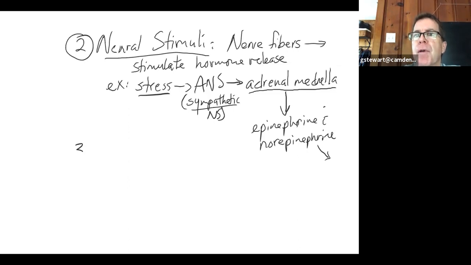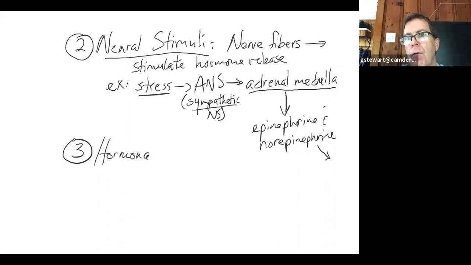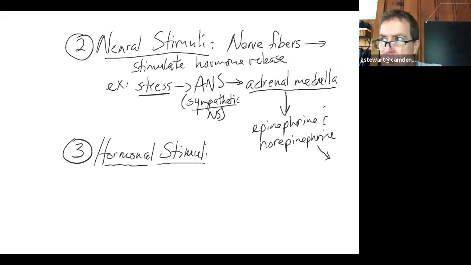So the third type of stimuli on an endocrine gland, causing it or signaling it to synthesize and release hormones, is hormonal stimuli itself. All we're saying is that one hormone may travel to its target cell, which might be another endocrine gland, and stimulate that second endocrine gland to secrete another hormone.